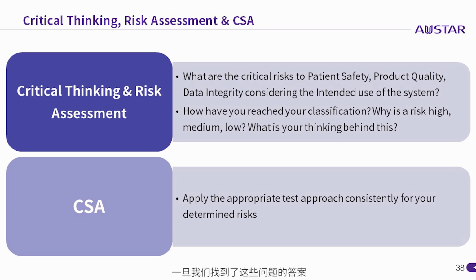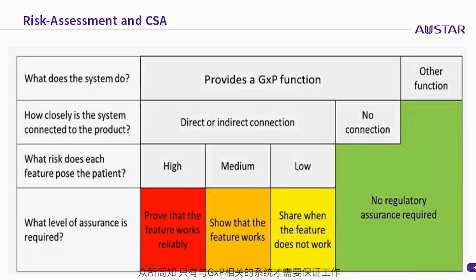Once we have found answers to these questions, we can use the CSA approach to define the appropriate test approach consistently. Let's look at this in more detail. As always, only systems with GxP relevance do require assurance efforts anyway.